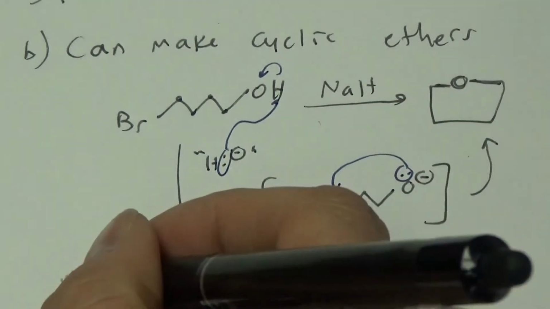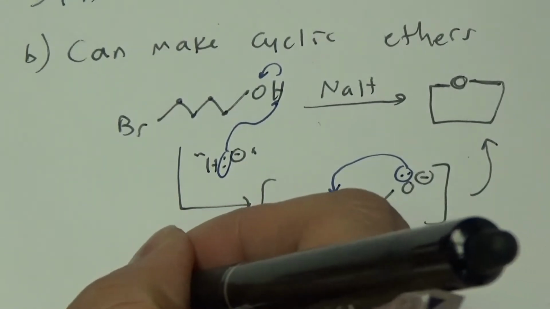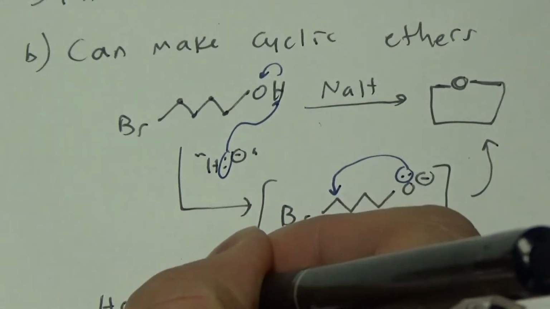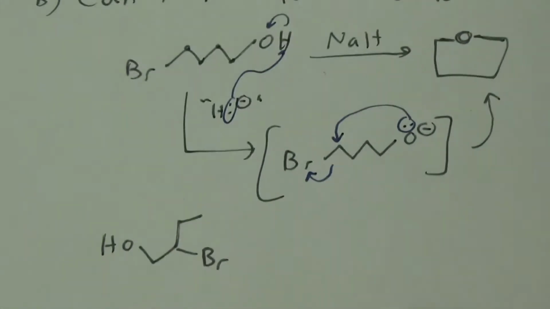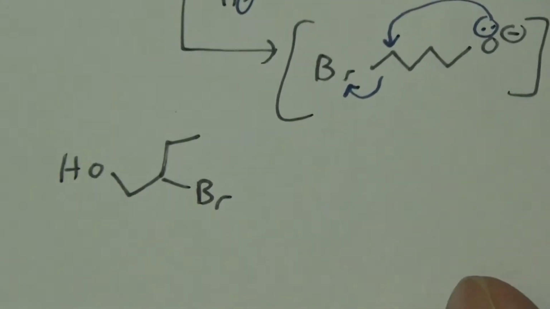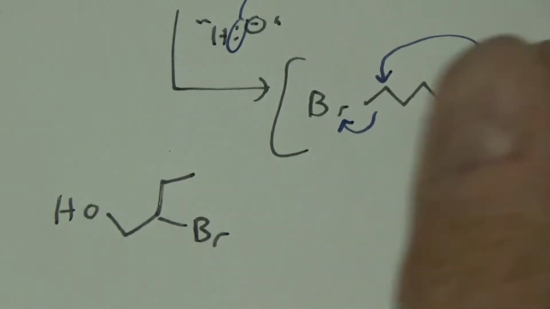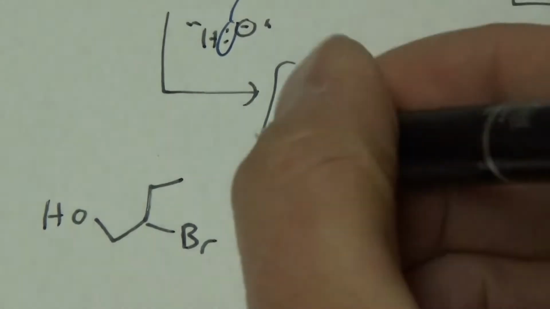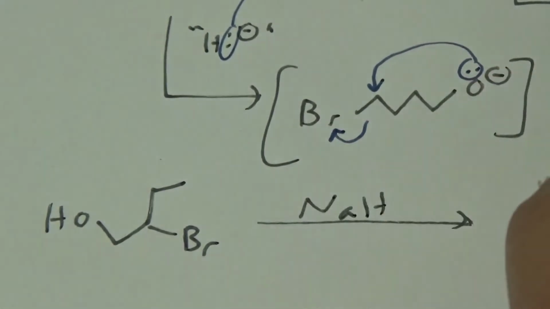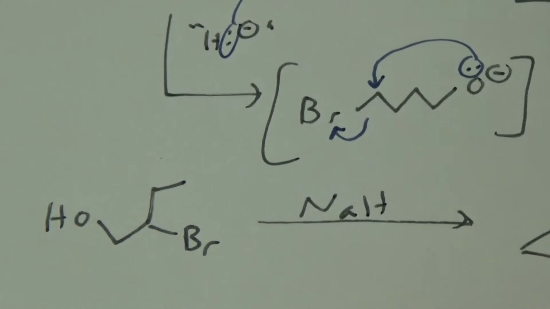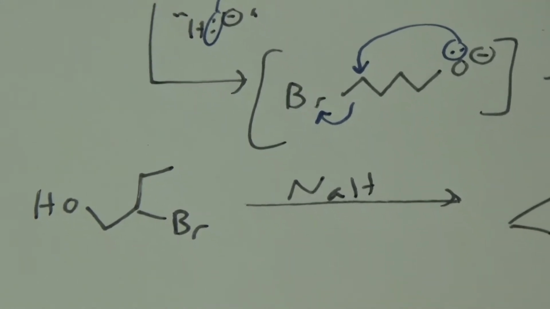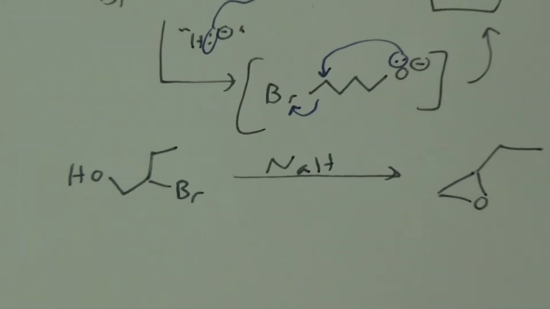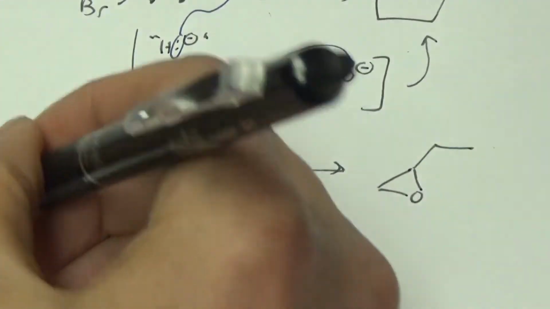We can do this to make epoxides. Remember epoxides? Epoxides from the PowerPoint are a cyclic 3-member ring ether. You can also do the same thing to make an epoxide. So how does that work? Same exact way.